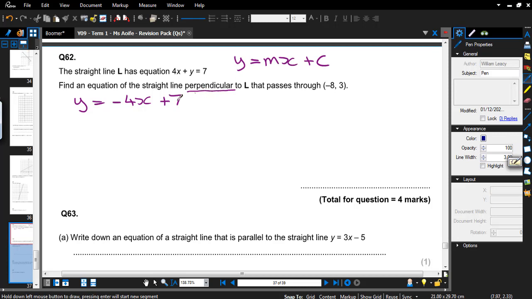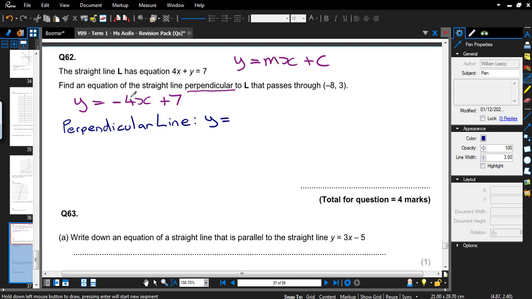For a perpendicular line to any line, so you could put perpendicular line. So for a perpendicular line, we're going to have y equals m.